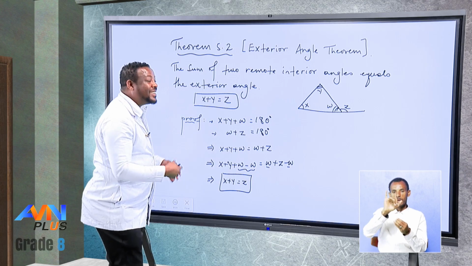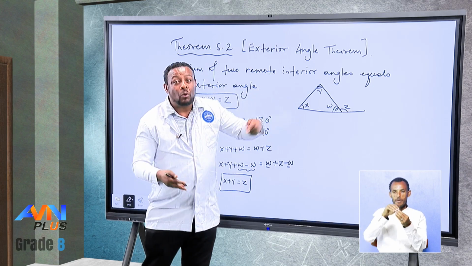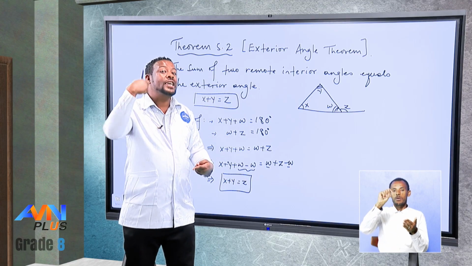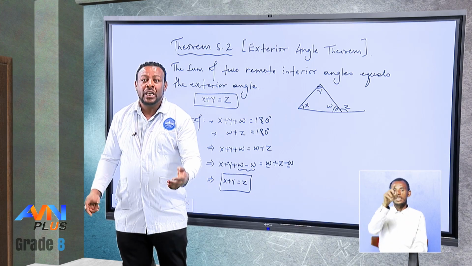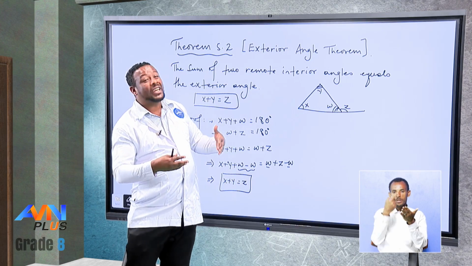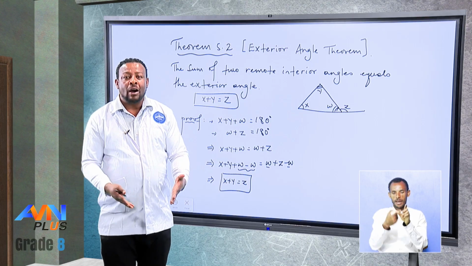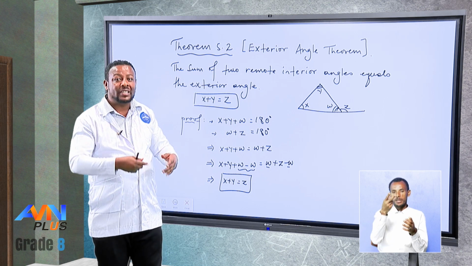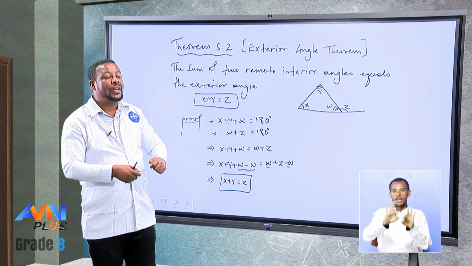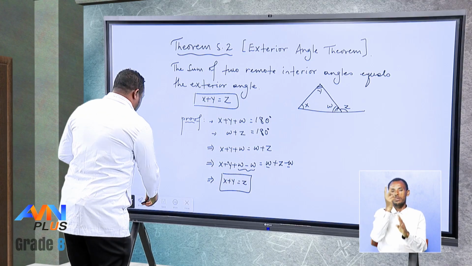So this tells us the sum of these two remote interior angles is equal to the exterior angle Z, right? So this is how we can prove the exterior angle theorem. Now, based on this theorem, we will see different examples that require the concept of exterior angles. Okay, now let's see examples.